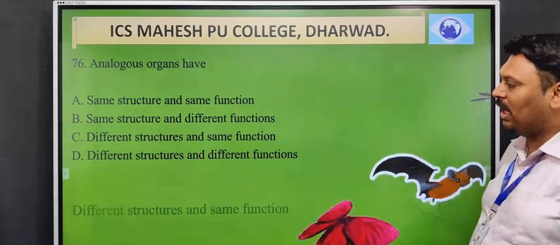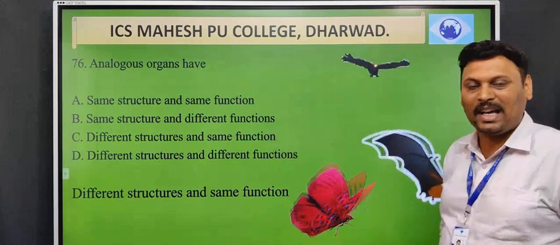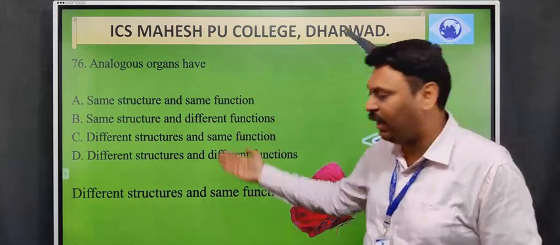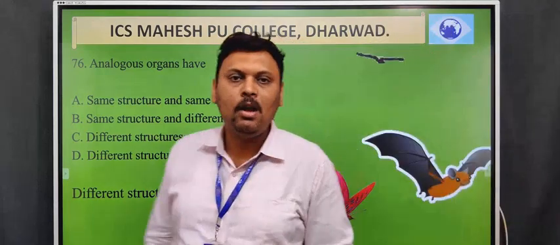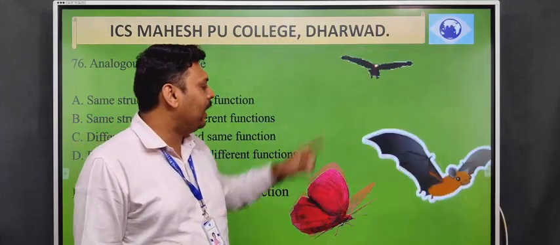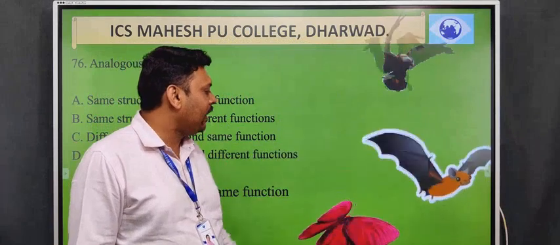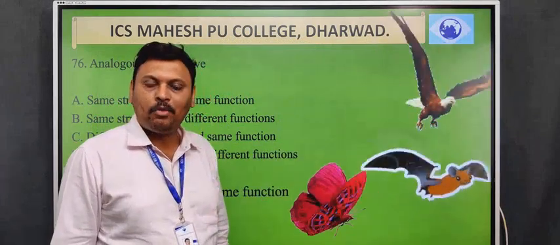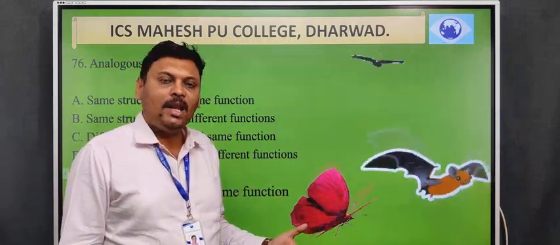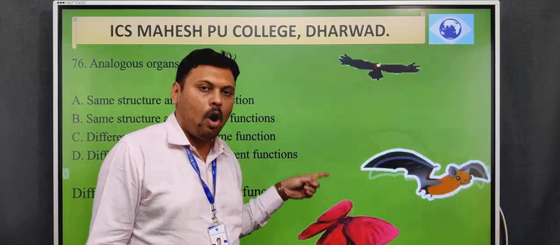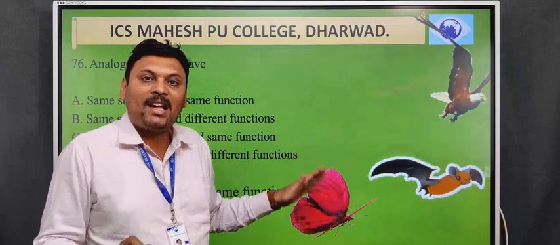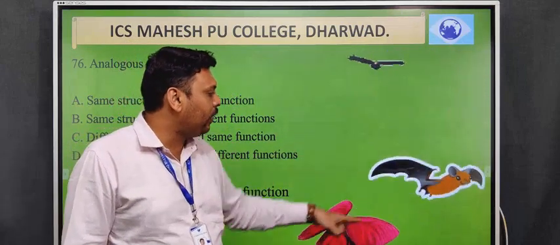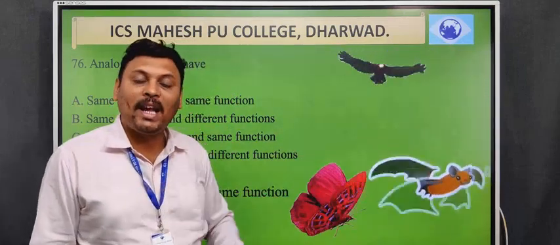So the right answer is organs having different structures and the same function. For example, we have the wings of a bird, the wings of a bat and the wings of a butterfly. In all three, the wings are common and useful to fly in the sky, so they are all useful in the movement of the organism.